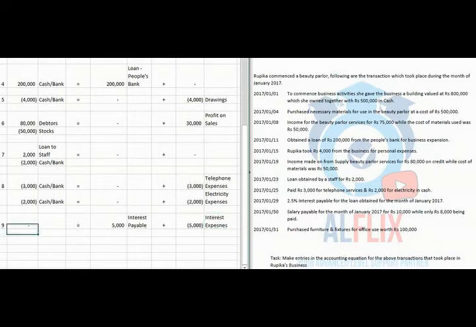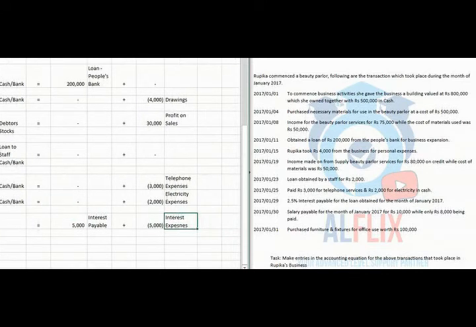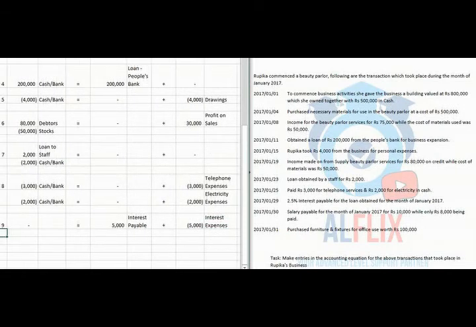Transaction number 10. 30th January 2017, salary payable for the month of January 2017 for rupees 10,000, while only 8,000 being paid. Here the business has an expense of rupees 10,000 in terms of salary which it has to incur for the month of January. But in this transaction the business paid only 8,000 and a balance of rupees 2,000 has not yet been paid to the staff.